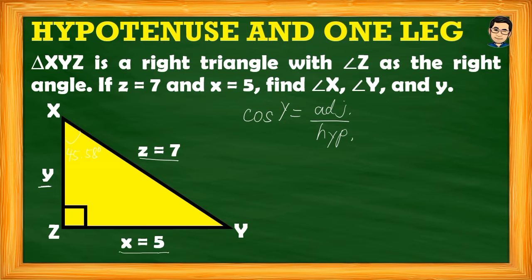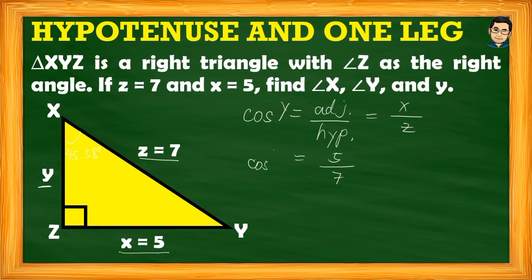So, what is adjacent? X. And then, hypotenuse is Z. Okay. So, next, adjacent measures 5. And then, hypotenuse measures 7.